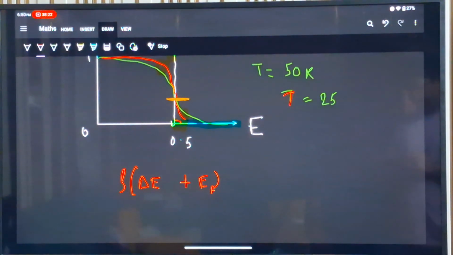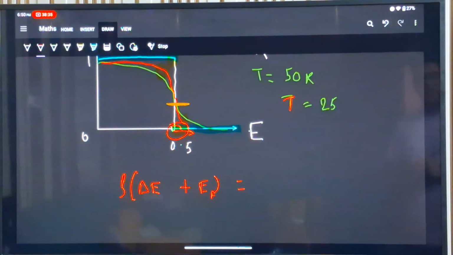So from the Fermi level, I move slightly towards the right. So I just increase the energy slightly. This will be equal to the complement taken from 1.